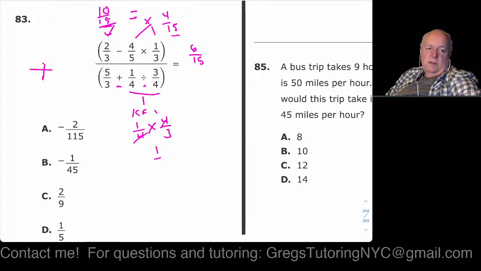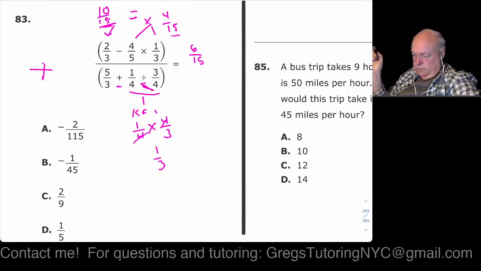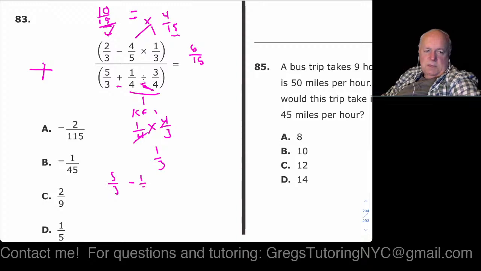Another way to say this is when we have division by a fraction, we multiply by the reciprocal. So for the denominator we have 5/3 minus the 1/3, which should be equal to 4/3.